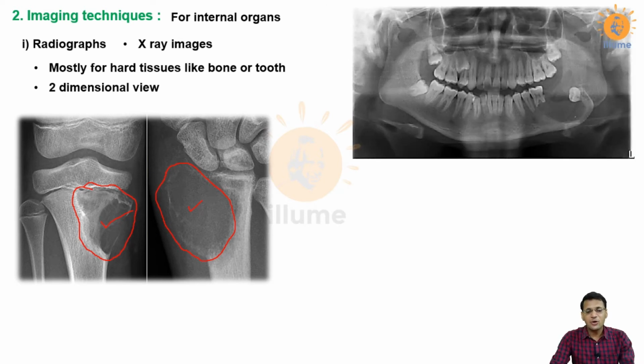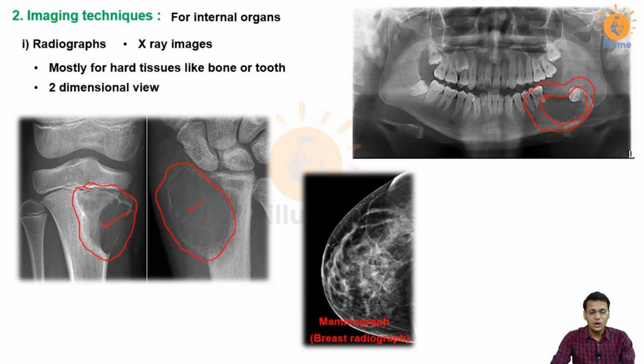A radiograph of the complete mouth is called an OPG, and in this OPG it is very clear that the lower third molar has not erupted completely, and there is a certain pathology associated with it. That's how x-rays or radiographs are very useful.